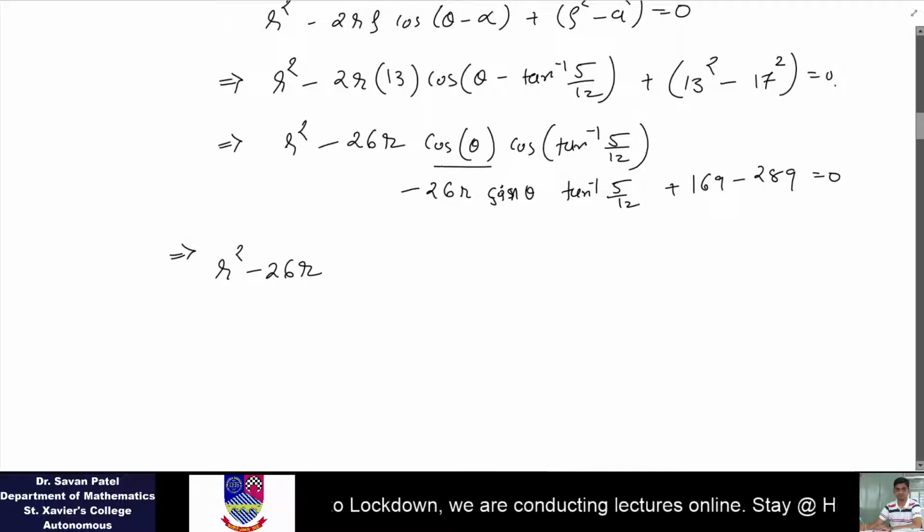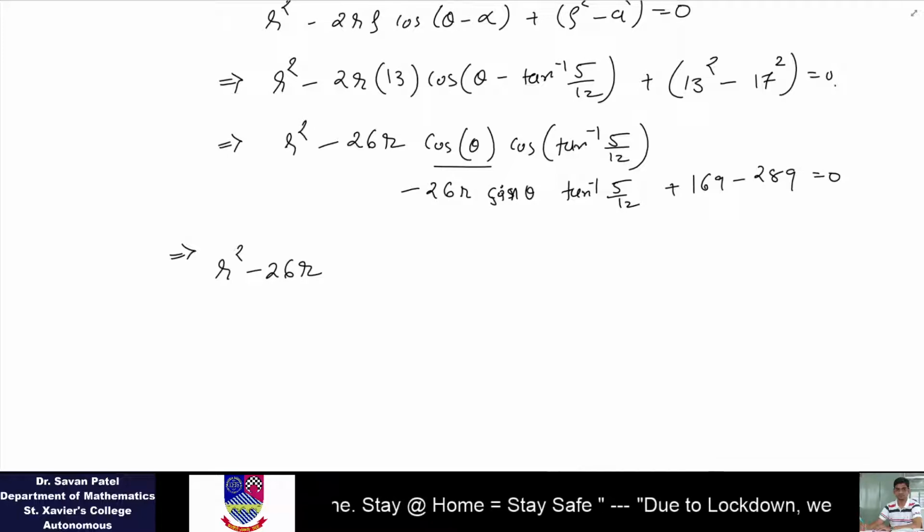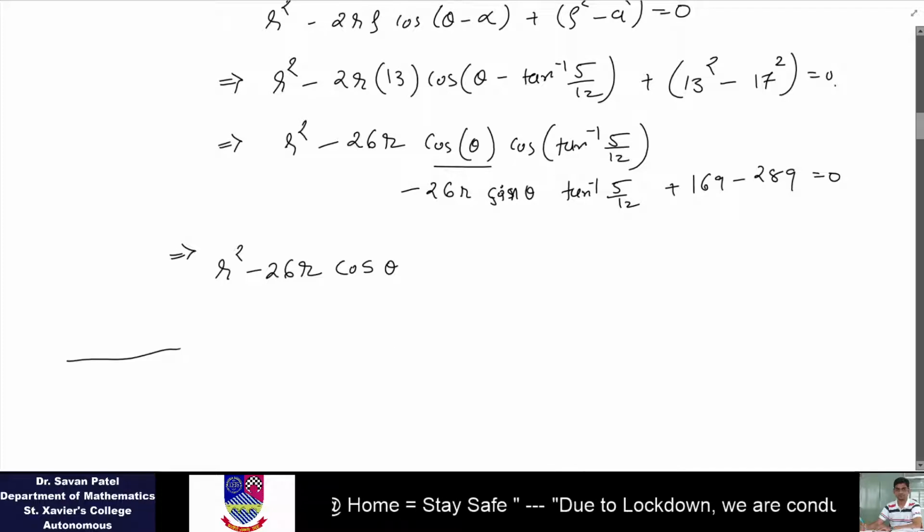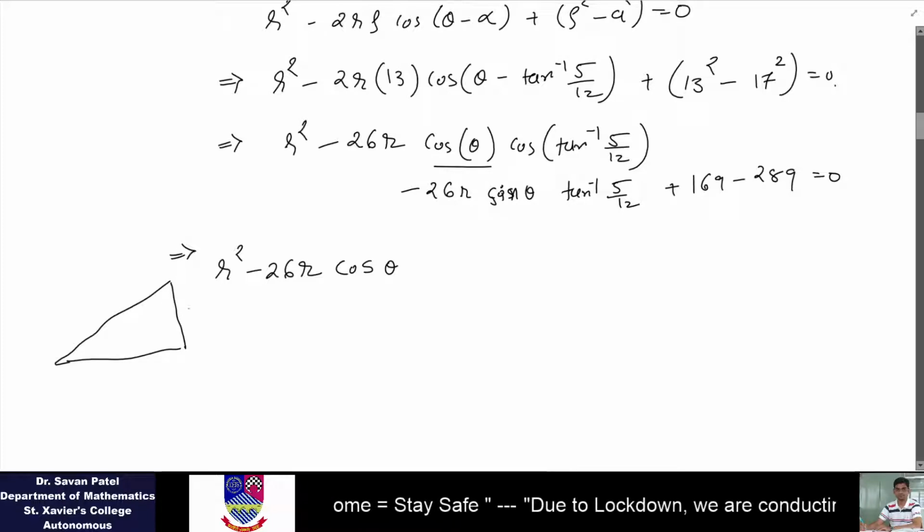Now here we have the case of cos and sin of tan inverse 5 by 12. So let the triangle have this side 5 and this side 12.